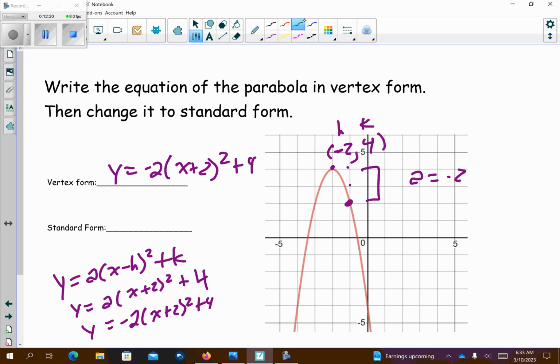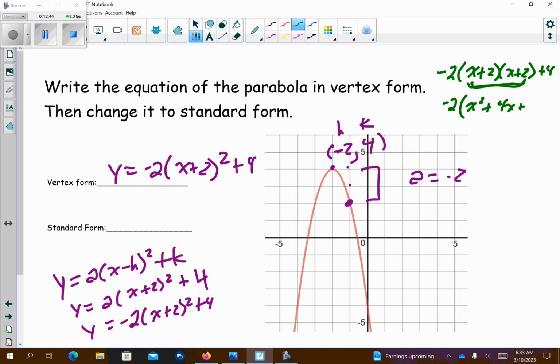And then if I wanted to find my standard form, I'm going to multiply that whole thing out. So I'm going to bring it over here. So I have negative 2, I have x plus 2 quantity squared, so I have 2 of these, and then plus 4. We're going to multiply these out real quick. So the negative 2 is still there. x times x is x squared. Plus 2x gives me plus 4x.